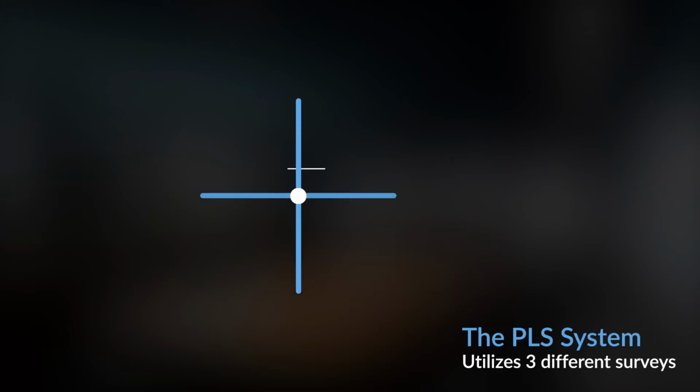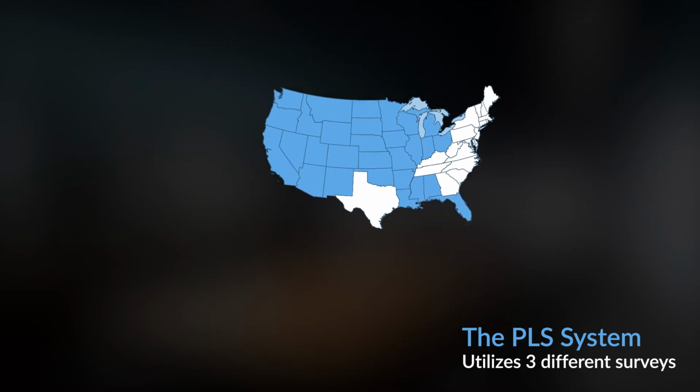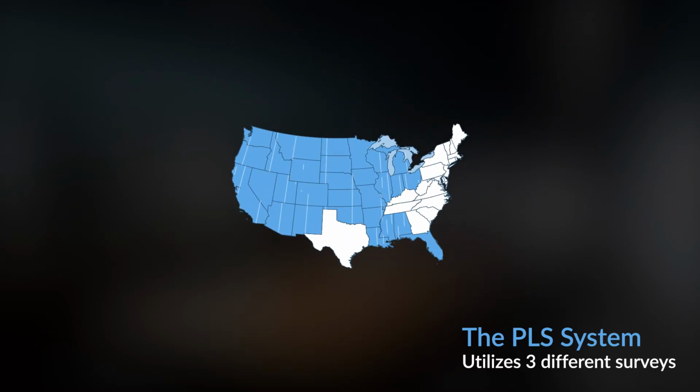Technically, the Public Land Survey System utilizes a series of different surveys, which begin at an initial point and are then surveyed in all directions relative to the initial start point. When looking at the survey, the north-south line that runs through the initial point is called the principal meridian. There are 37 principal meridians, each bearing a unique name that allows the reader to distinguish between the different surveys.